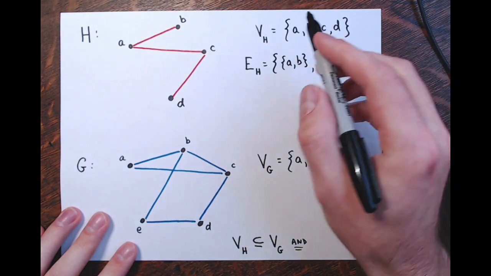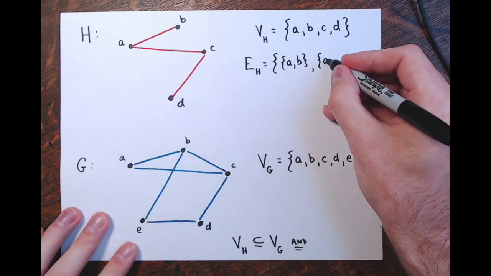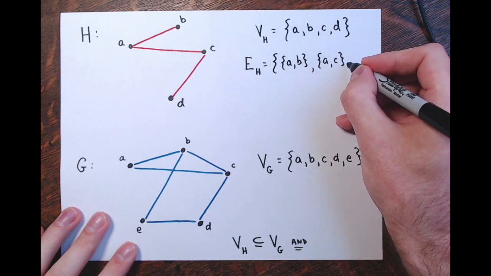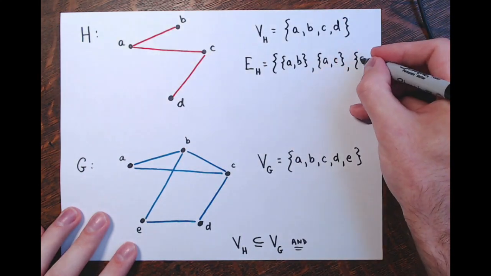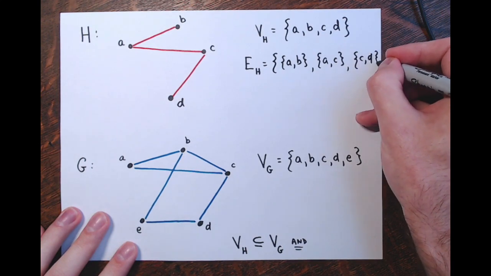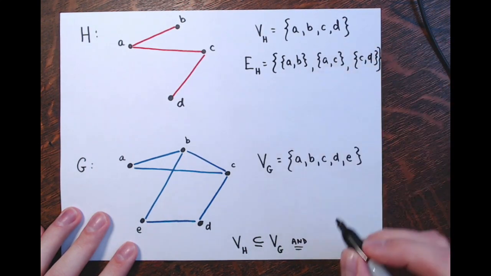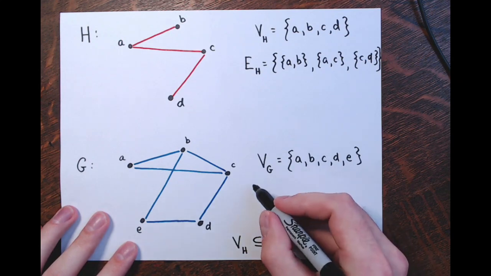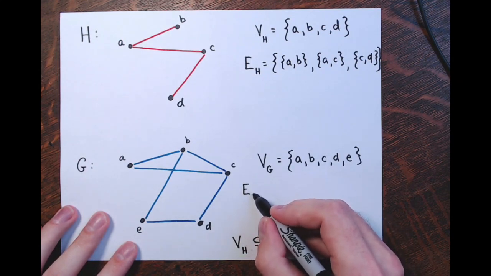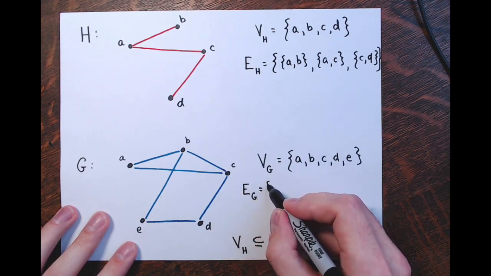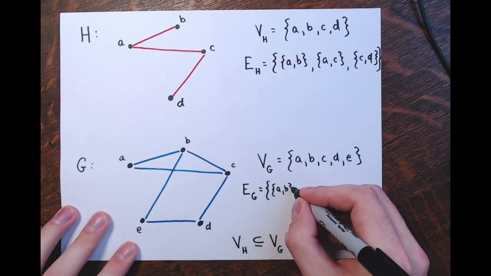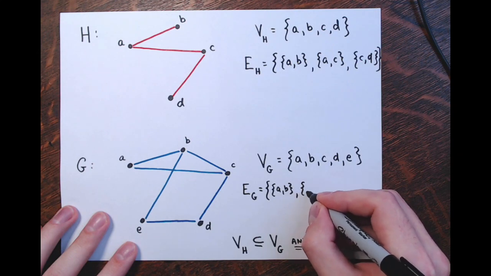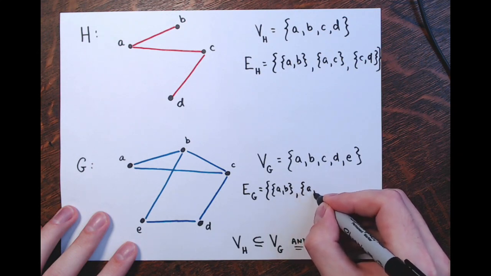Other braces, and then AC and CD. That's it, right? Just those 3 edges, and we close this up. And now the edge set of graph G has edge AB, edge AC.